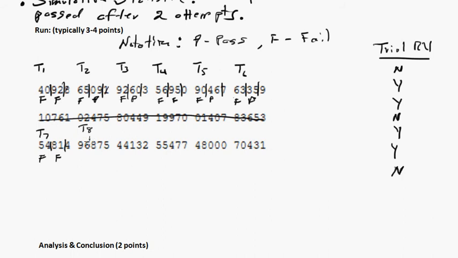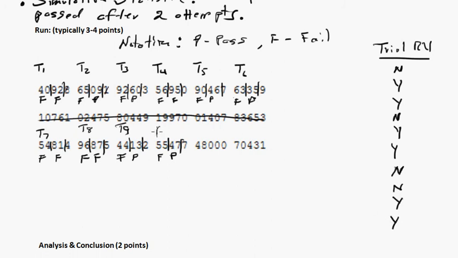T8 is fail and fail. Oh my God. Even after 2 tries. T9 is a fail and a pass. So yes, they've got a license.